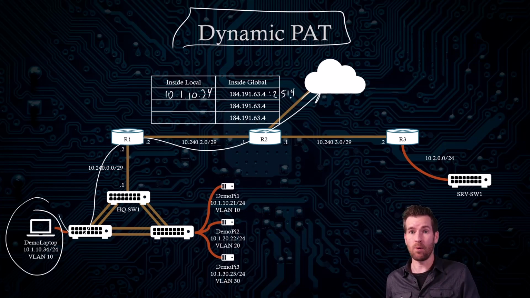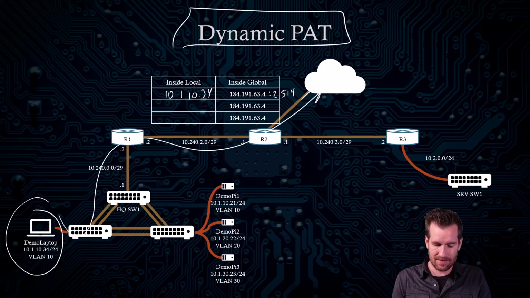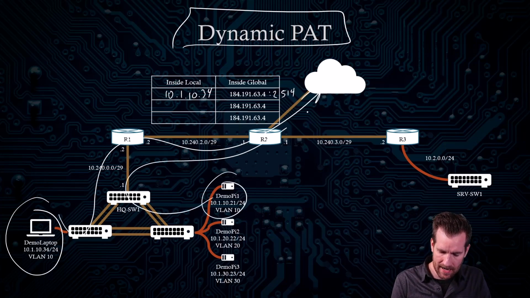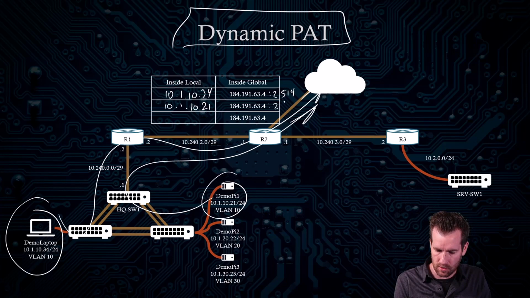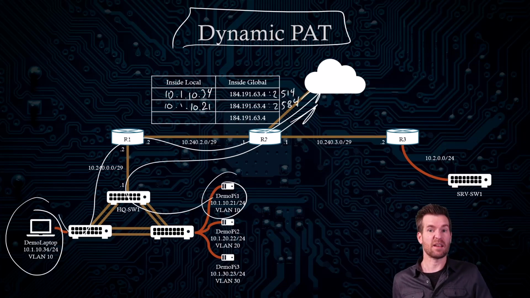It's going to take up a port as that gets translated to the outside world. And then next, this demo Pi reaches to the outside world, so 10.1.10.21 reaches out and takes up port maybe 2584. It takes up a different port.